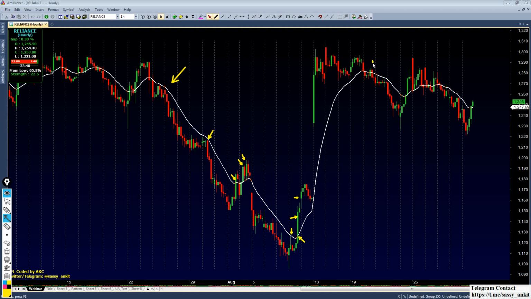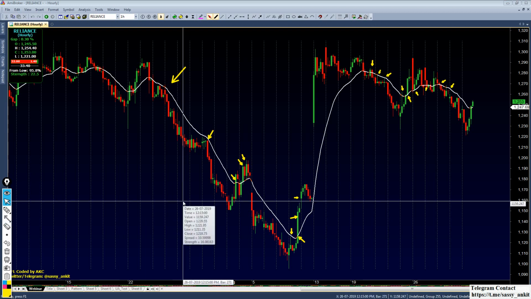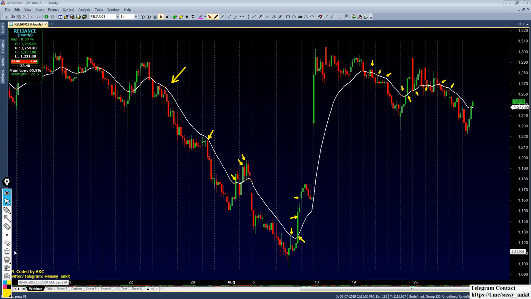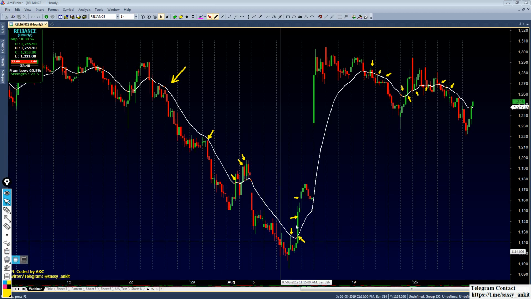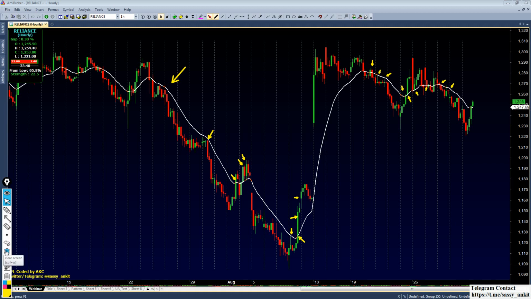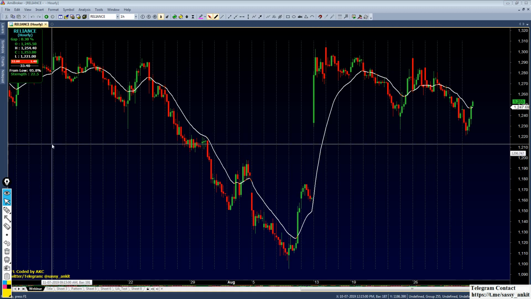Here also a fake out above the EMA line, resistance, moved down, took a resistance, crossed with volatile move, bounced back with volatile move, holding the resistances and going down. So this way you can look for your dynamic trend line based on your EMA.